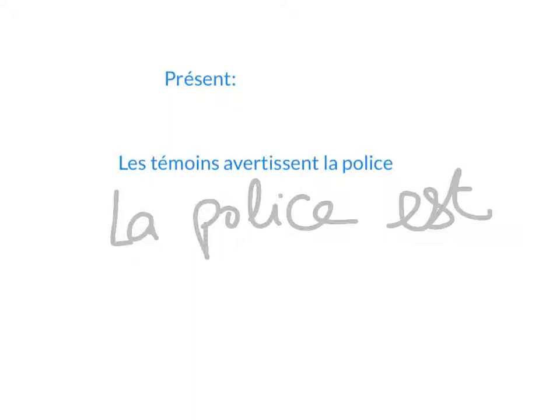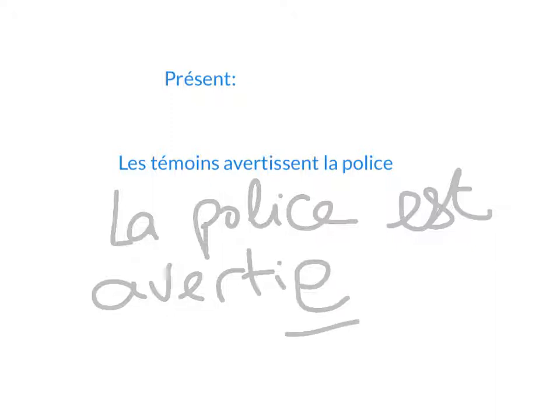Then I need to use the past participle of avertir, which is regular. And because I'm using être, I need to make the agreement. I need to add an extra e. So la police est avertie. What really matters in that sentence is that the police is being called. It doesn't matter who calls the police.